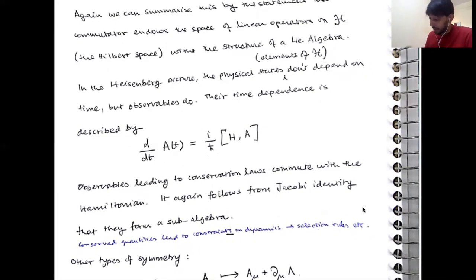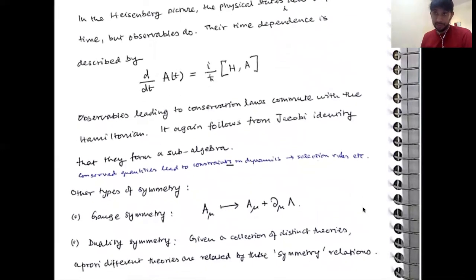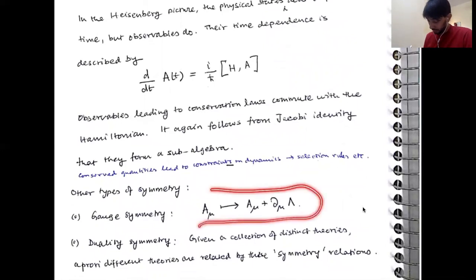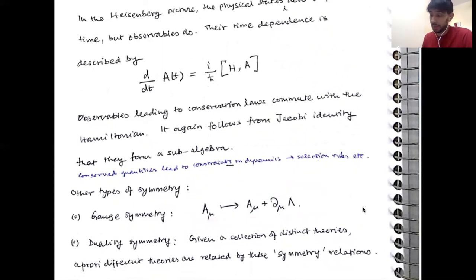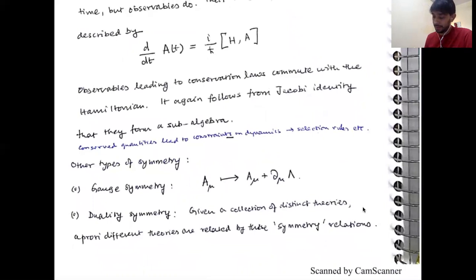There are other sorts of symmetry that you may have encountered. There's something called gauge symmetry, which you have encountered in electrodynamics. These are also things that you will encounter when you are looking at the weak force and the strong force and so on. There are also other fun things called duality symmetries.